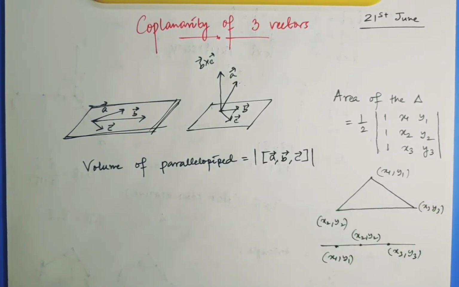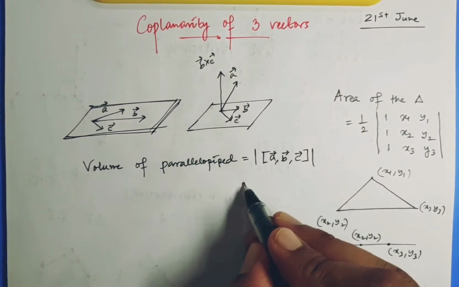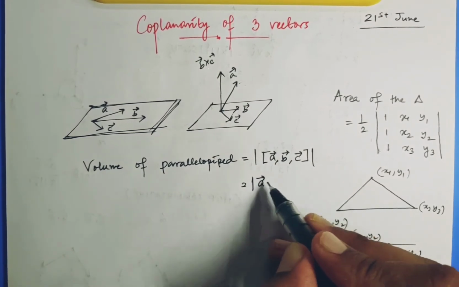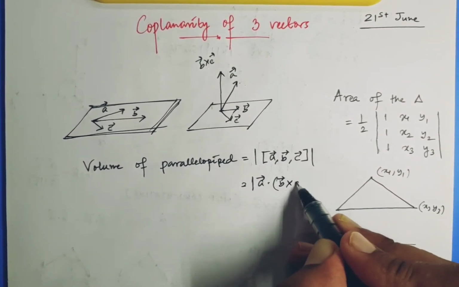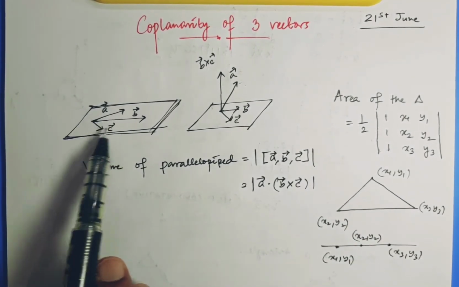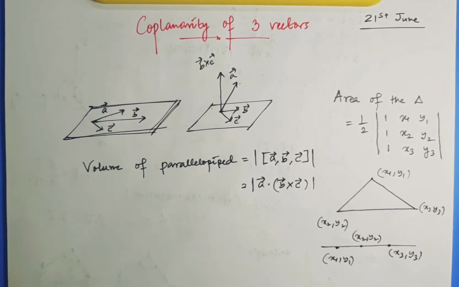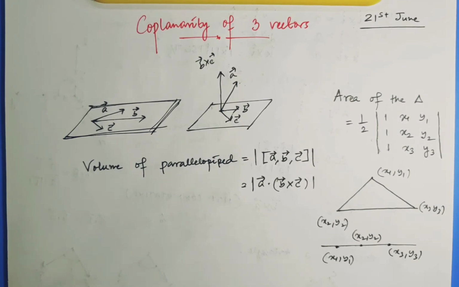So this was our volume, right? The modulus sign, because we will take the positive value, right? So let's write it like this: A dot B cross C. This one was our volume of parallelepiped. Now when the 3 vectors are lying on the same plane, can you tell me what will be the volume of the parallelepiped? There will be no parallelepiped, right, for the first case.